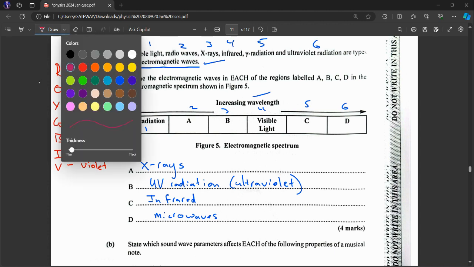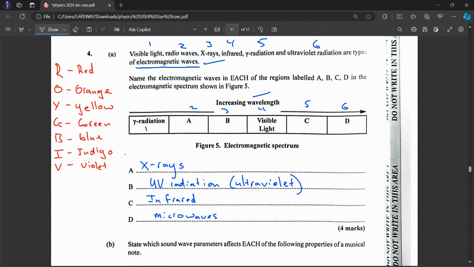Also, you need to recall the formula relating wave speed, frequency, and wavelength.